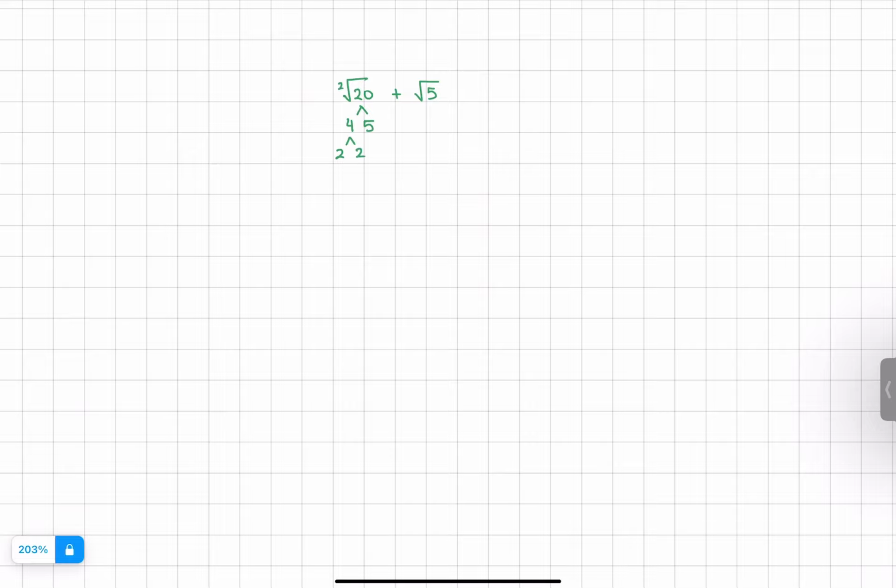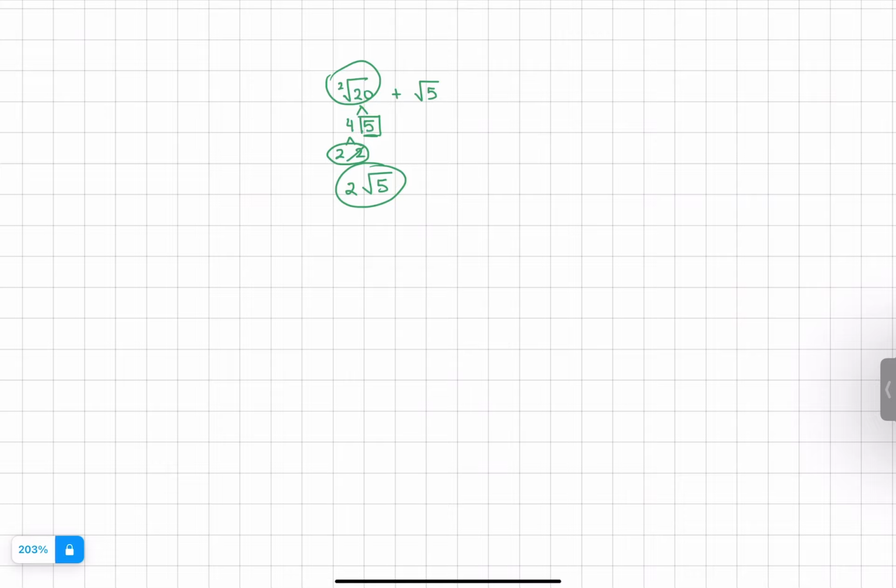Since there's a 2 over here, we group them in pairs of 2. One 2 gets eliminated, and the 2 that survives goes on the outside. And the 5 that is left alone goes inside the radical. So root 20 and 2 root 5 are the exact same thing.